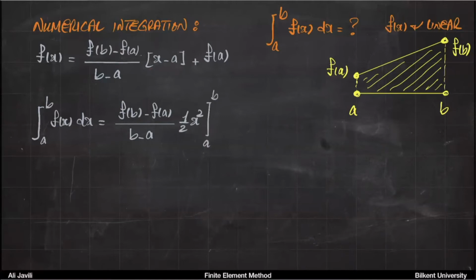Then from the x term, you get that slope term, ax from a to b.